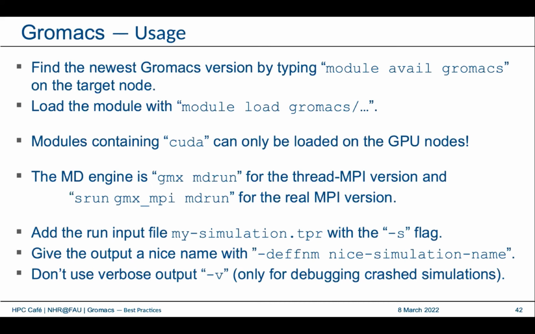Decide if you want to give your simulation output a new name. And the most important: do not use the verbose output, because it writes through the network into your home directory, and you might be a victim of NFS latencies that might decrease your performance. So only use the verbose output if you need to debug a crashing simulation.